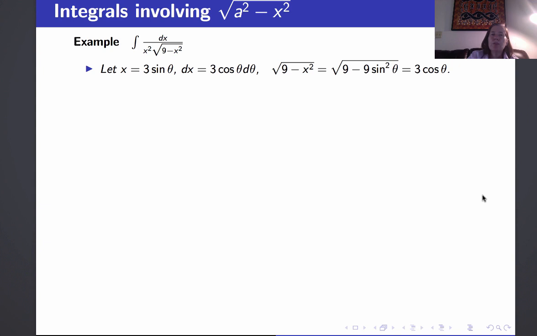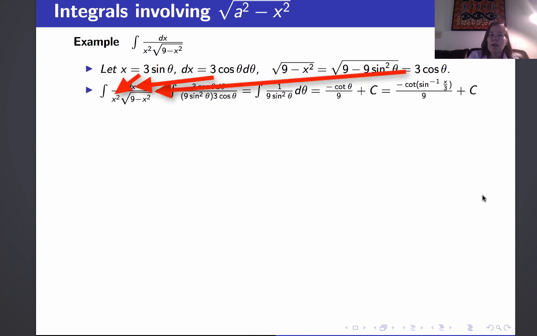When I do this, dx becomes 3 times cosine theta d theta, because dx d theta is 3 times cosine theta. And the square root of 9 minus x squared becomes the square root of 9 minus 9 times sine squared theta, which is 3 times the square root of 1 minus sine squared theta, which is 3 times cosine theta.